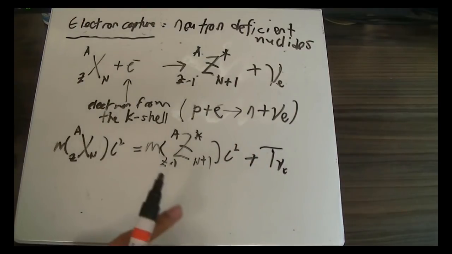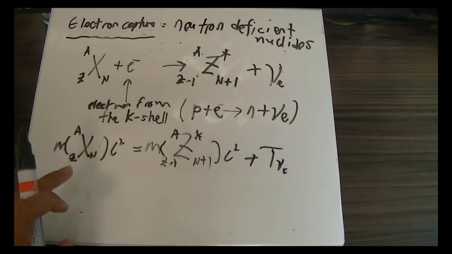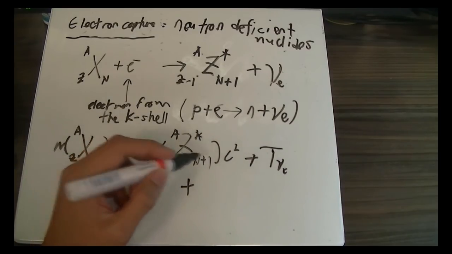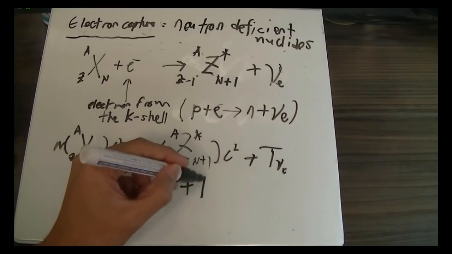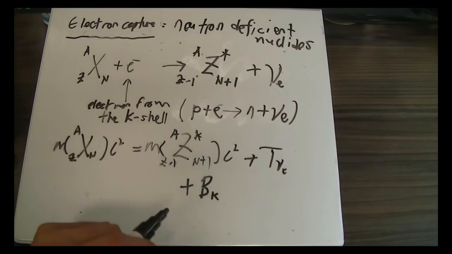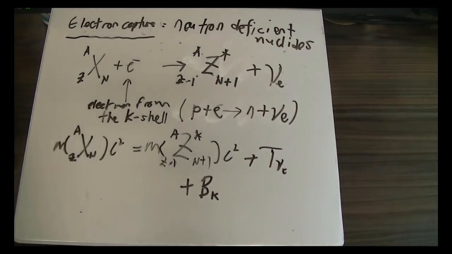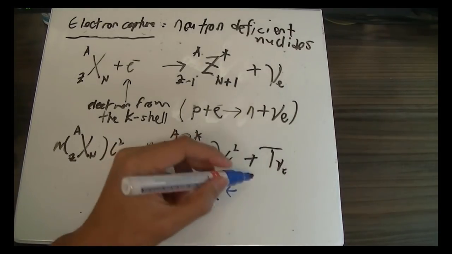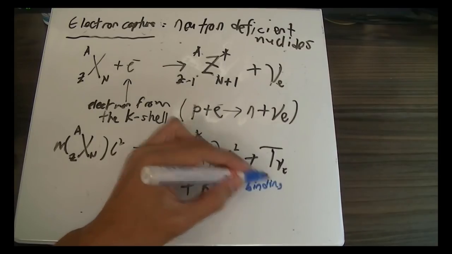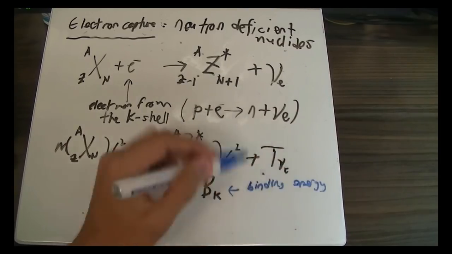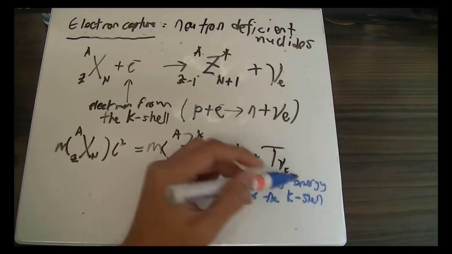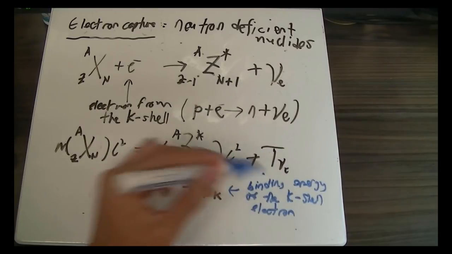And also, this is special about the electron capture, the binding energy of the K shell electron. This particular B is the binding energy of the K shell electron.